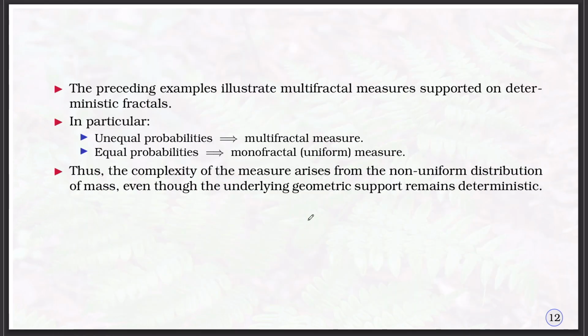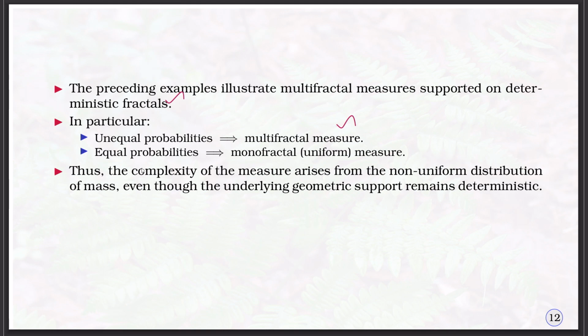Now, the summary is that the preceding two examples illustrate multifractal measures supported on a deterministic fractal, the Koch curve and the Sierpinski triangle. In particular, unequal probability gives the multifractal measures. So, it is useful when you take unequal probabilities, then we will get the multifractal nature.